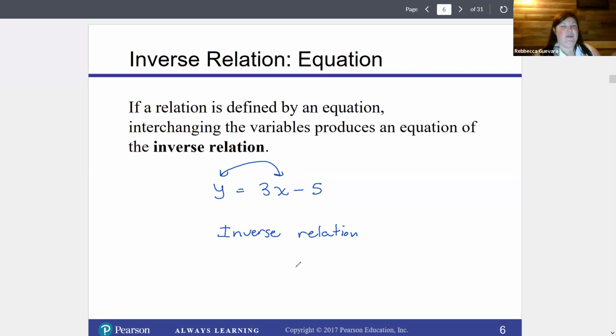It's the same idea as before: we had an xy pair, and we changed it to a yx pair, and that was our inverse relation. We're doing something similar, just with the equation. So my inverse relation would be x equals 3y minus 5 now. And if you wanted to, you could solve that for y, and you would have y equals (x plus 5) divided by 3.